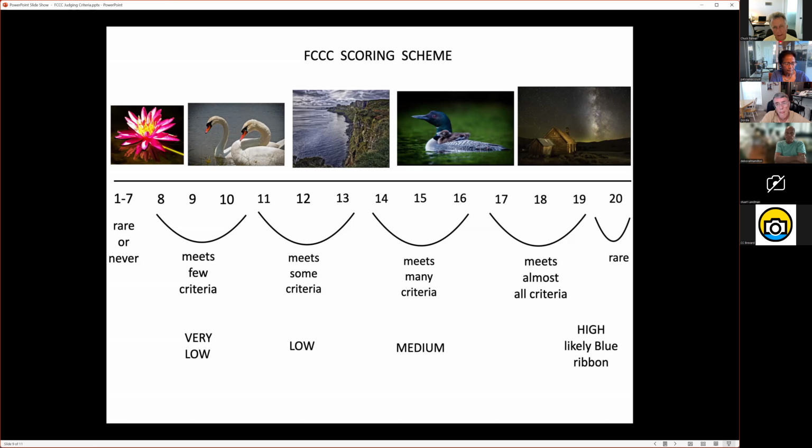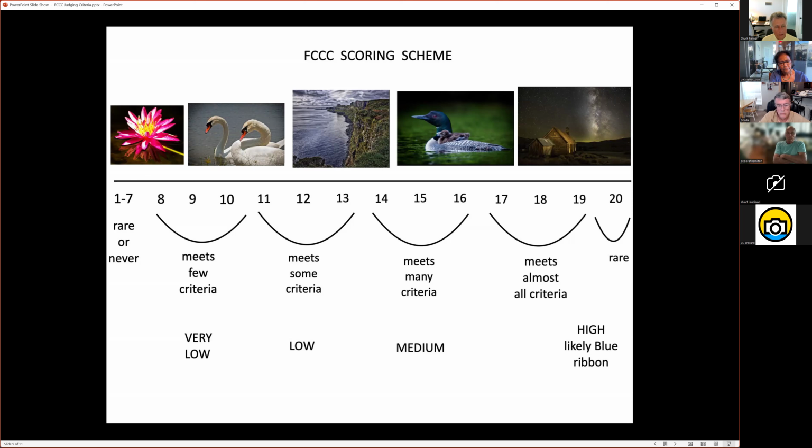You could think of yellow ribbons as honorable mentions, if you will. So you have blue, red, white, which relate to first, second, and third, and then yellow ribbons are the honorable mentions, up to 10%. But they look at all the photos and try to score them. Each one of the judges scores them, and then they average those.